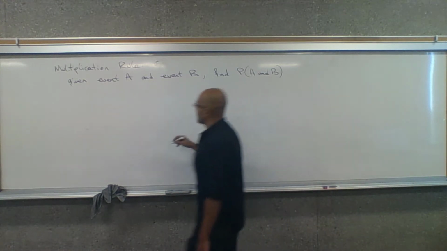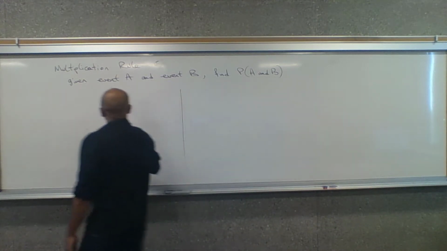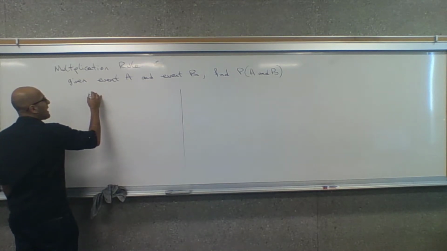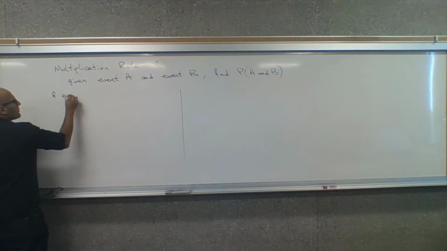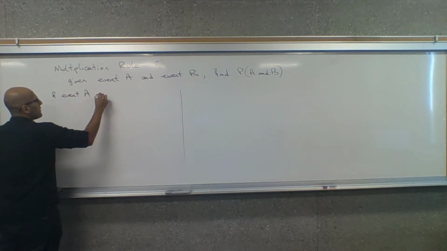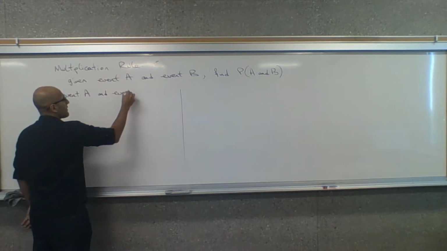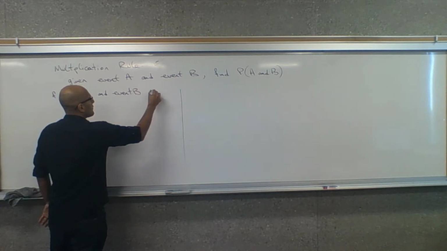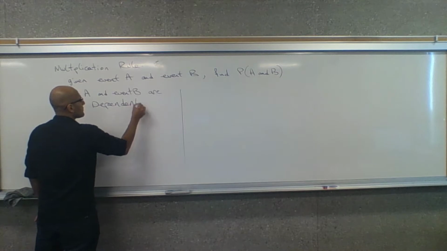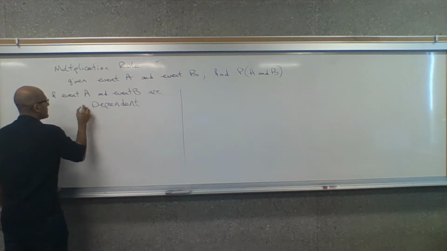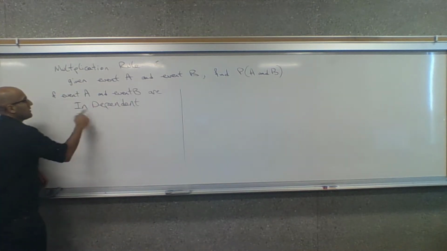Okay? This comes in two flavors here. We need to know whether event A and event B are dependent or independent. Let's start with independent.